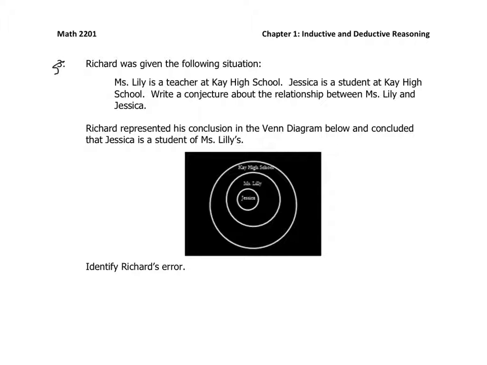Well, in the way that he has his diagram drawn, that would be the conclusion, but just because Miss Lily is a teacher at K High School and Jessica is a student at K High School, it is not necessarily true that Jessica is in Miss Lily's class. The way he's drawn it is misleading, and there's no information there to indicate that she's a student in Miss Lily's class.